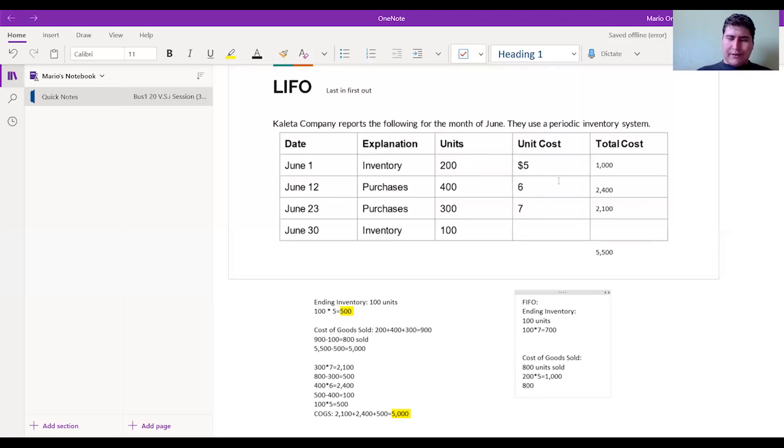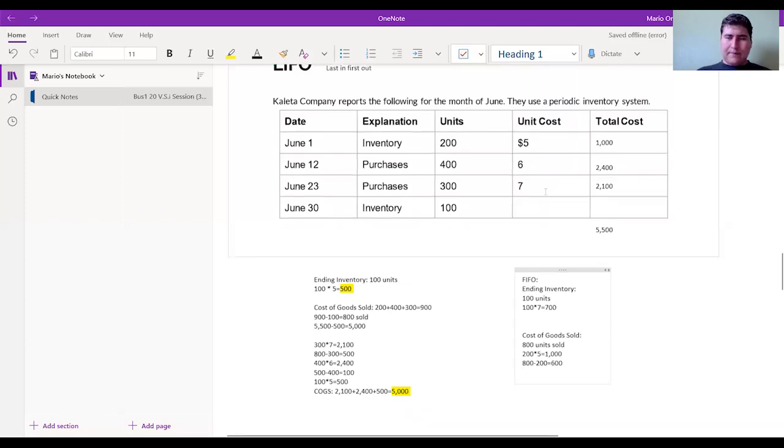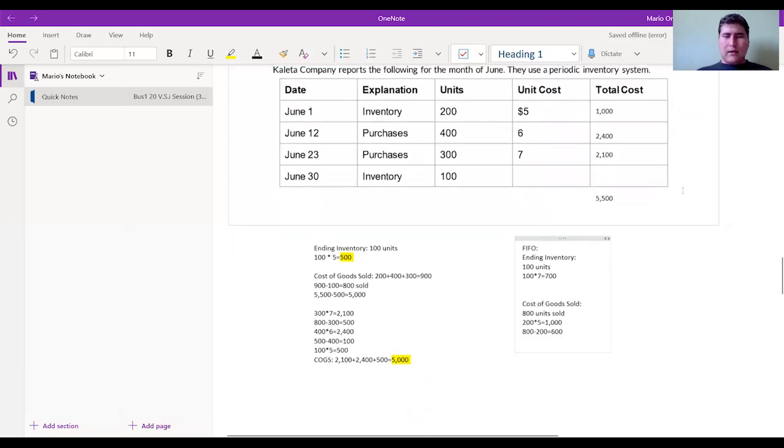Then 800 units minus the 200 units that we've already accounted for. Got 600 units left. And with those 600 units, we move on to the next layer, and the whole layer can be used up. So we use 400 units times a $6 cost. That'll give us the whole total cost for that layer as well.